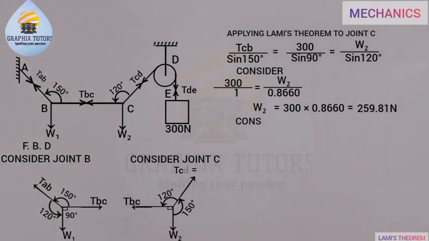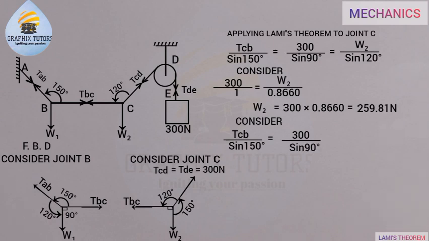Now we'll consider TCB over sine 150 equals 300 over sine 90, right? So this is what we're considering now. My TCB over sine 150, which is 0.5, equals 300 over sine 90, and sine 90 is 1. So my TCB will be equal to 300 multiplied by 0.5.